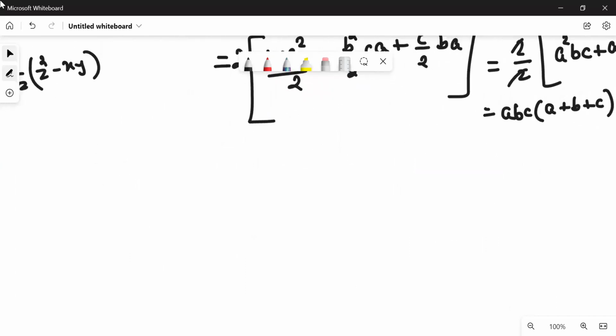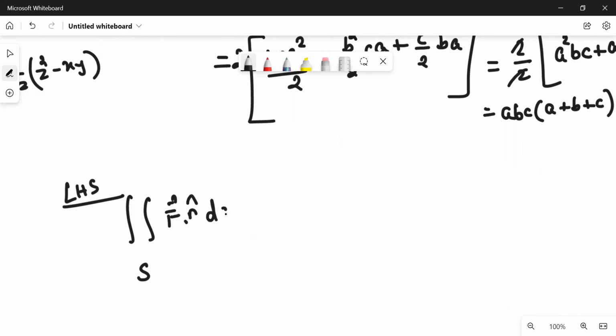That is double integral over the surface. What is there in the left hand side of Gauss divergence theorem? Left hand side is double integral over S f dot n cap ds. This is what we have to evaluate. What is the region of integration? It is given as rectangular parallelepiped.